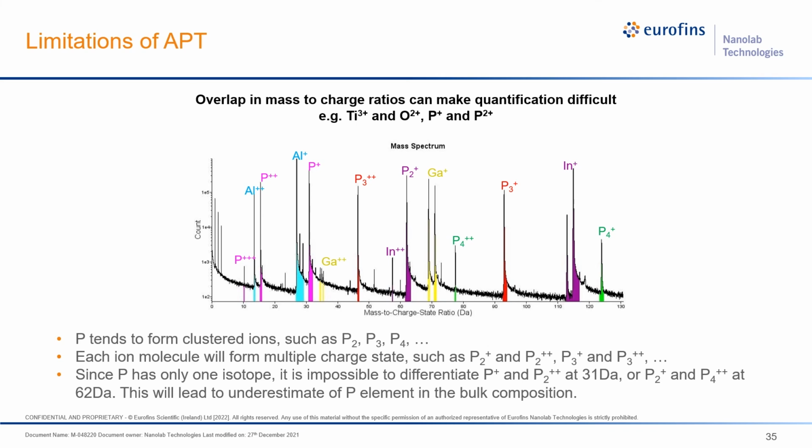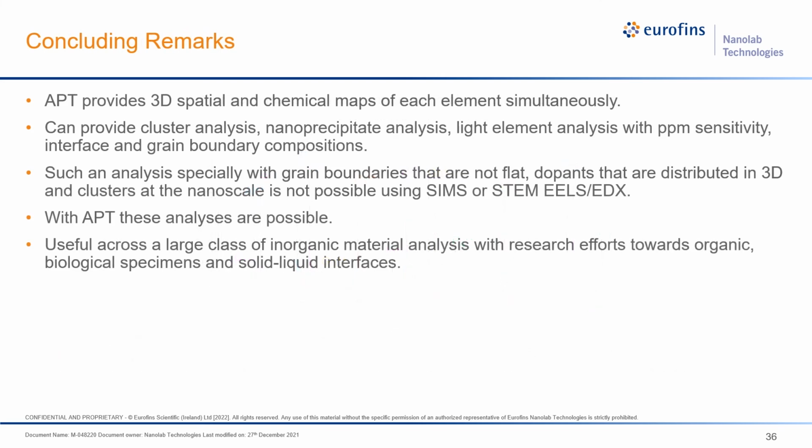So having discussed the limitations, I'd finally like to conclude with some remarks for today. Atom probe tomography provides 3D spatial and chemical information of each element simultaneously. As I've shown through the examples here, in specific cases APT is really useful: it can provide cluster analysis, nanoprecipitate analysis, light element analysis such as boron with very high chemical sensitivity, as well as interface and grain boundary compositional analysis.